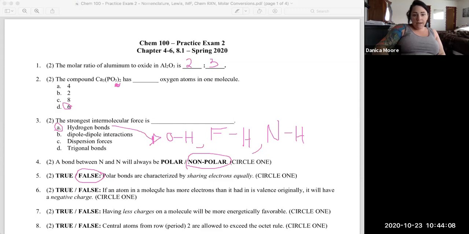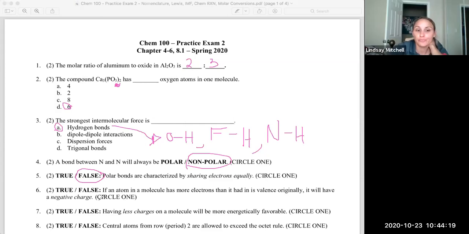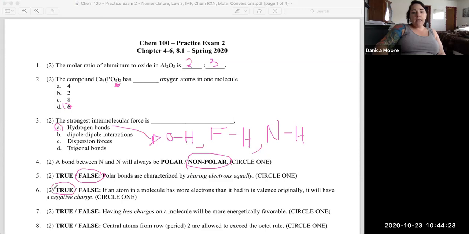Okay, so if an atom in a molecule has more electrons than it had in its valence originally, it will have a negative charge. True, right? So if an atom in a Lewis structure has an extra electron compared with how many it came with in the valence, then it'll have a negative charge.